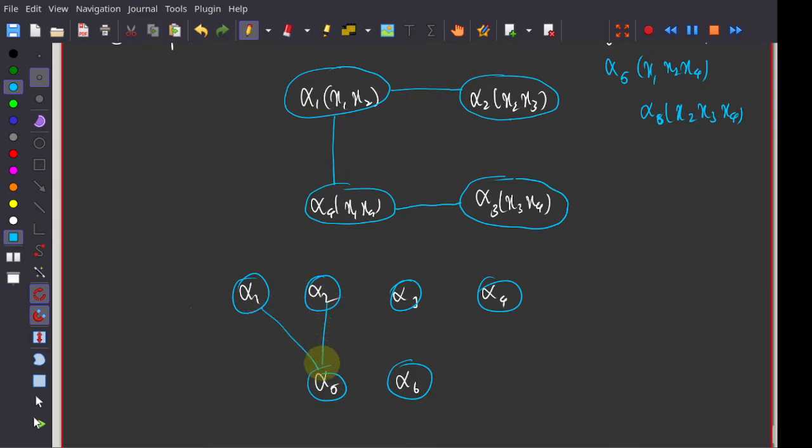But if I construct this, does it contain a cycle? Start with alpha 4, go to alpha 6, go to alpha 5, and then come back to alpha 4. This contains a cycle. It's not a tree.